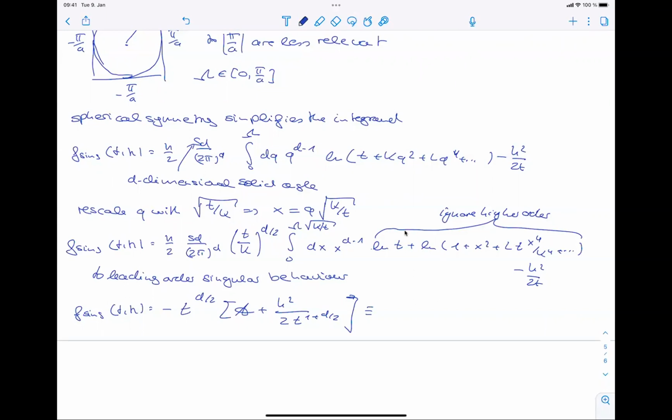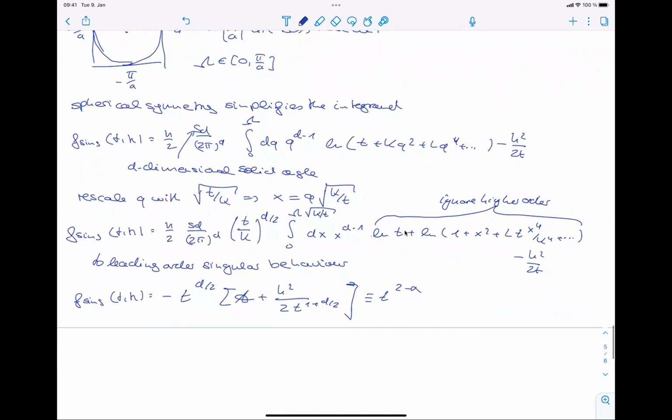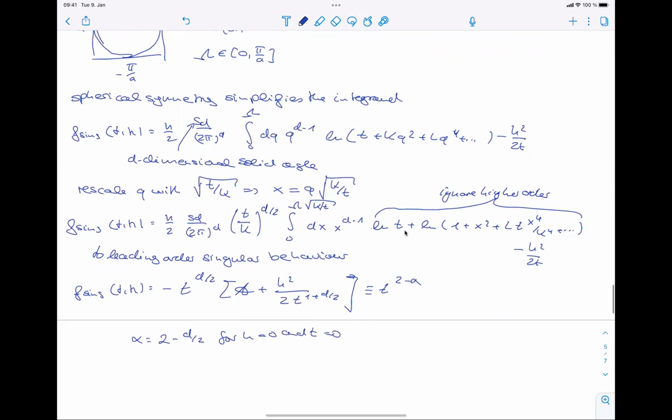I assume this should scale by definition of the critical exponents as t to the 2 minus alpha. And so from that, I can read off my critical exponent alpha as 2 minus d over 2 for h equals 0 and t equals 0.